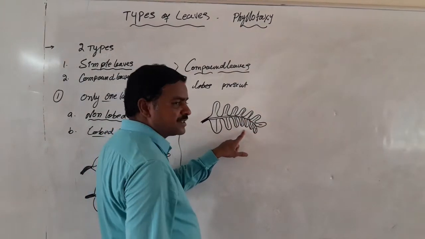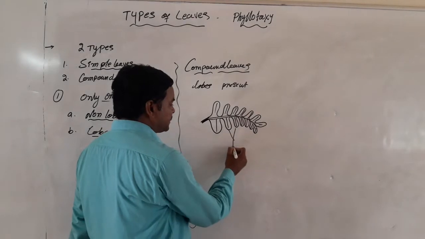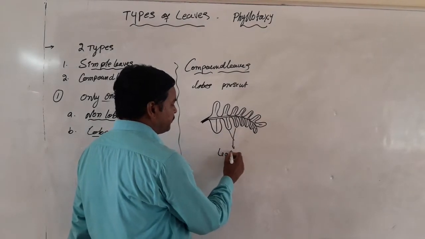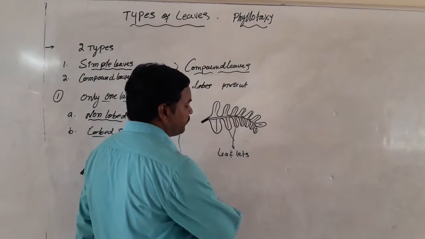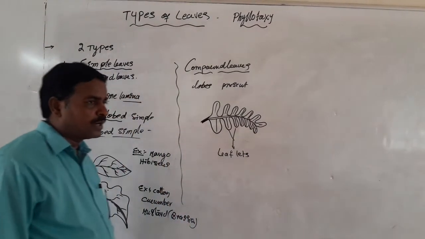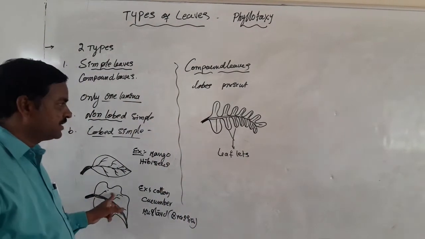Each and every piece of leaf lamina is considered a leaflet. You know what I mean? Leaflets.